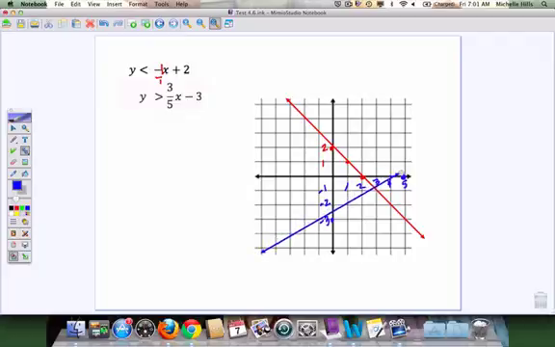I figured it'd be easier almost to do these both at once. So they're both dashed lines because neither one of them has an equals as part of the inequality. So now that I've got those in, let me go and make them dashed. Again, you should make them dashed from the start. I just can't do that in this program.